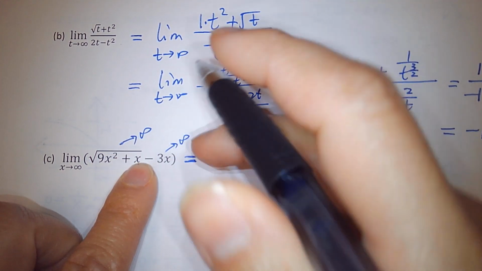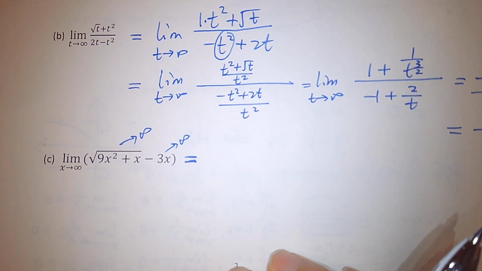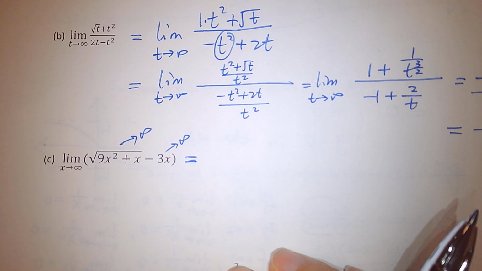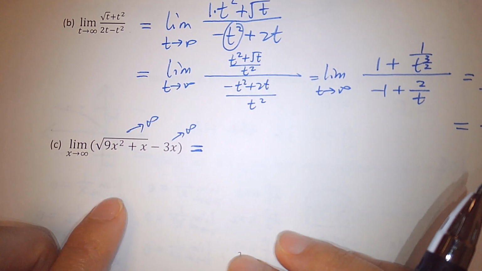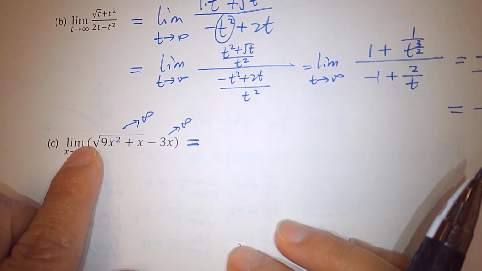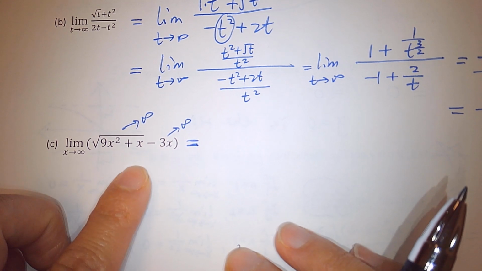Infinity minus infinity. Can we say 0? We don't know. Okay? Infinity minus infinity, we don't know.